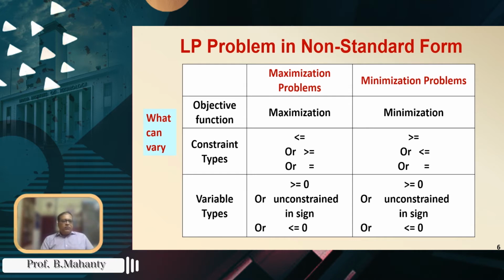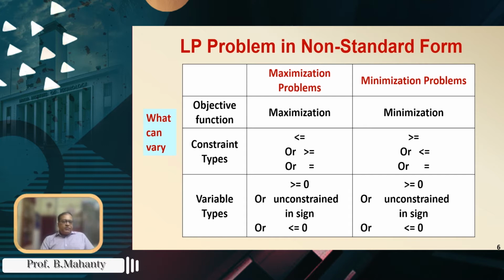But one thing should be remembered: although we are saying that the constraint type could be one of the three, it doesn't mean that all constraints should be less than or equal to, or all greater than or equal to, or all equal to. No. One constraint may be less than or equal to, one may be greater than or equal to, one may be equal to, or all may be greater than or equal to. So all kinds of situations can actually occur.